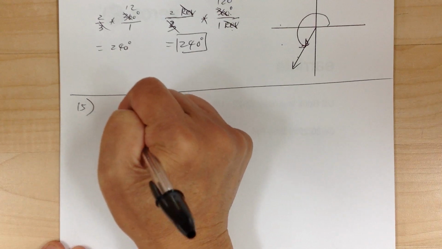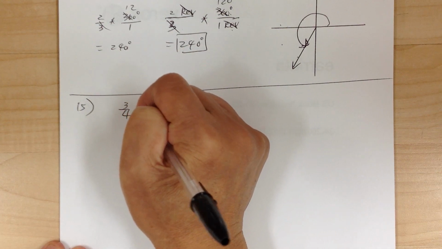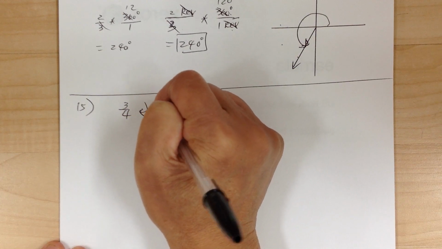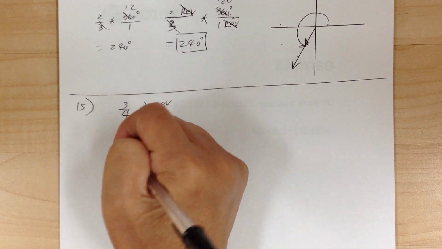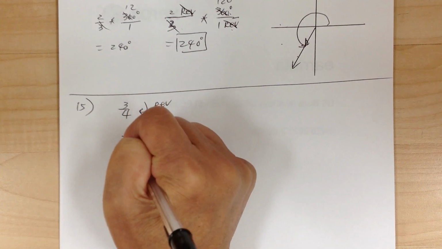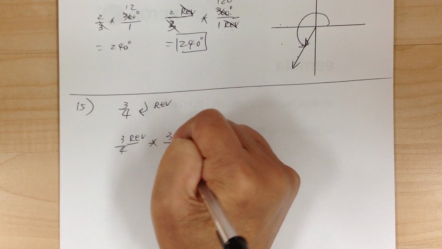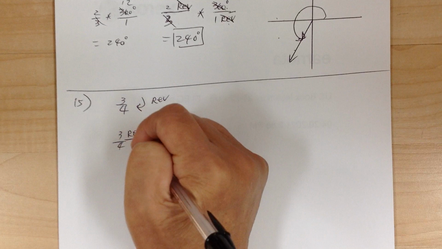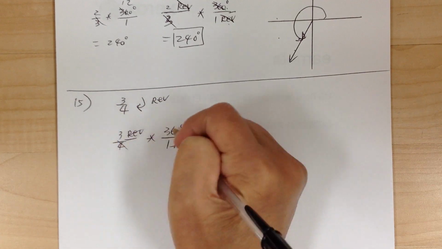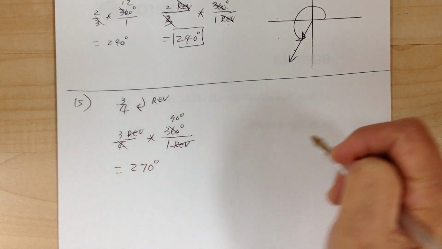Okay, 3/4 of a revolution clockwise. So clockwise is this way. Okay, again, first let's convert into degrees. Okay, so 3/4 revolution times 360 degrees for one revolution. So this revolution will cancel out, this cancels. So this will equal to 270 degrees.